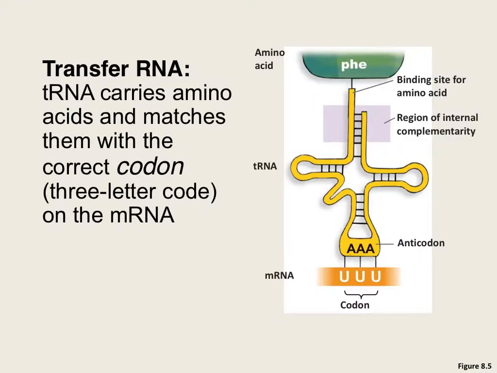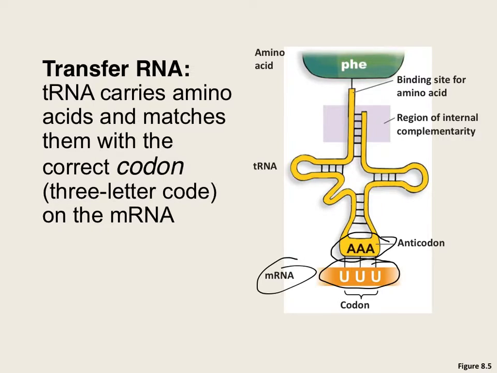Now, there's another RNA. It's called the tRNA, transfer RNA. And what's happening now is you're actually transferring the amino acids. If we look at it correctly, here's our codon, UUU. Its complement is AAA, which is the anticodon. This is the mRNA. Here's the tRNA, and this is where you put together the amino acids.